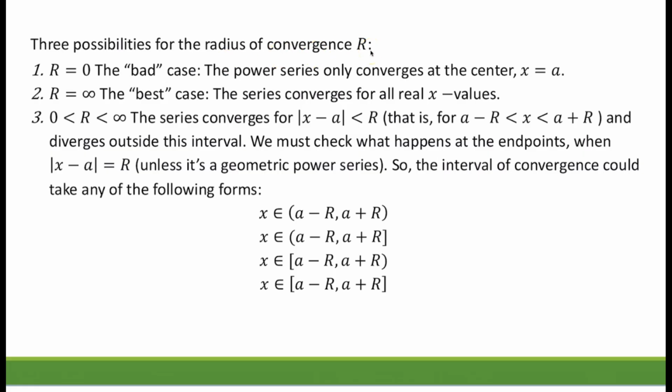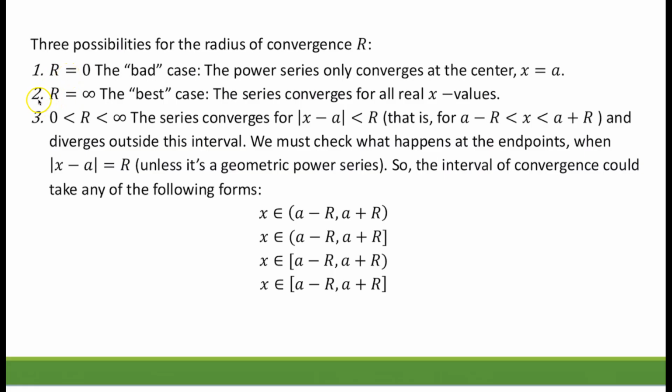What I want to do next is break this down for you into the three possibilities for the radius of convergence r. If we have a power series, the radius of convergence could be 0. And that would be the quote unquote bad case, because then the power series only converges at the center. All power series converge at their center, x equals a, but if it only converges at the center, then the radius of convergence would be 0.